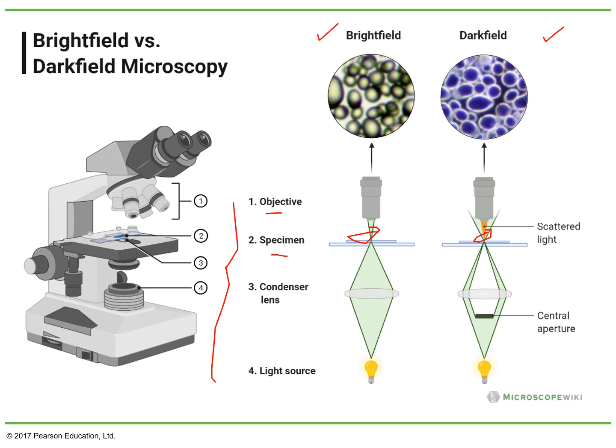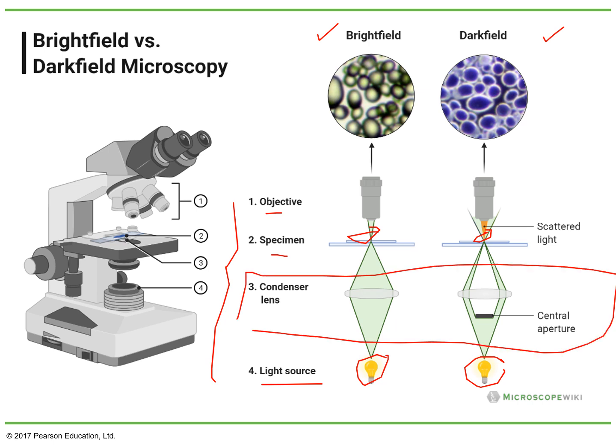We will have a light source, which in this case is bright field. In our microscope, it could be fluorescent light. And here you can play with different optical tools to change the light.